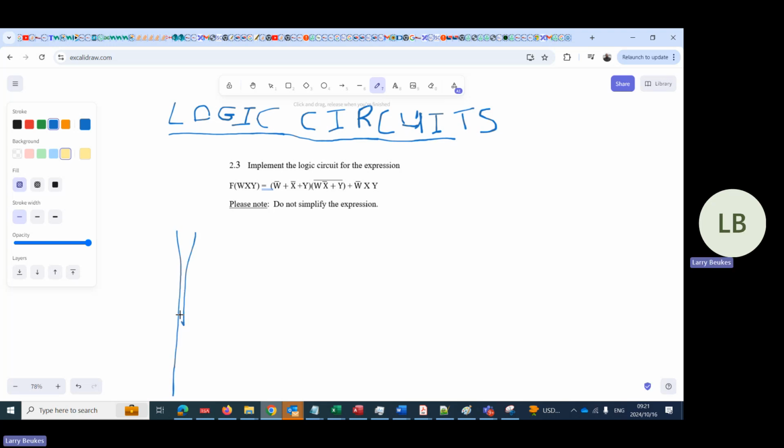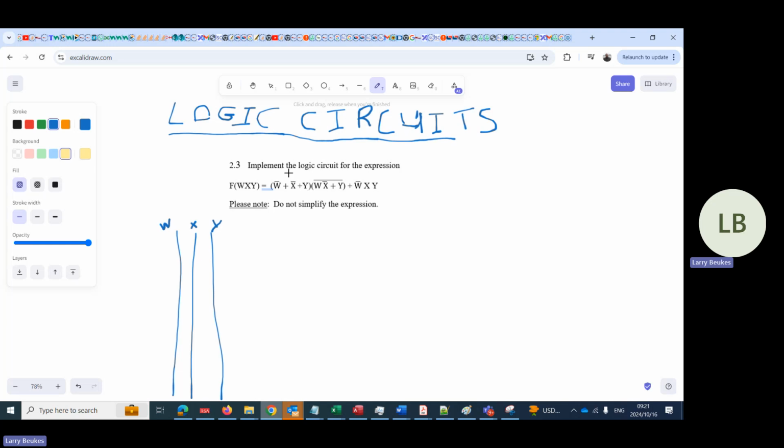On a breadboard, this might be a conductor. So we have our 3 conductors here, 3 lines. Then we know this one is going to be W, and then this will be our X variable, and then this will be the Y, right?